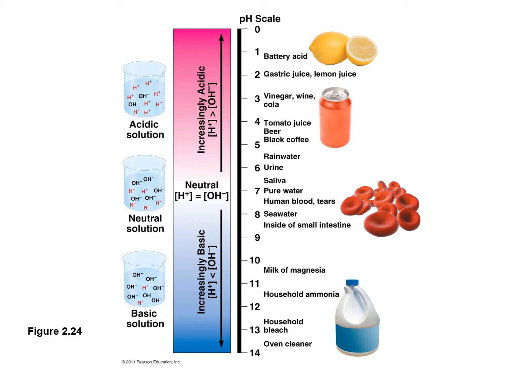As you go down numerically, you are going up in hydrogen ion concentration. And this is a logarithmic scale. So at pH 5, for example, there are 10 times as many hydrogen ions as at pH 6. As you go up numerically, you go down in hydrogen ion concentration, right? So as the pH number gets higher, the hydrogen ion concentration is decreasing.